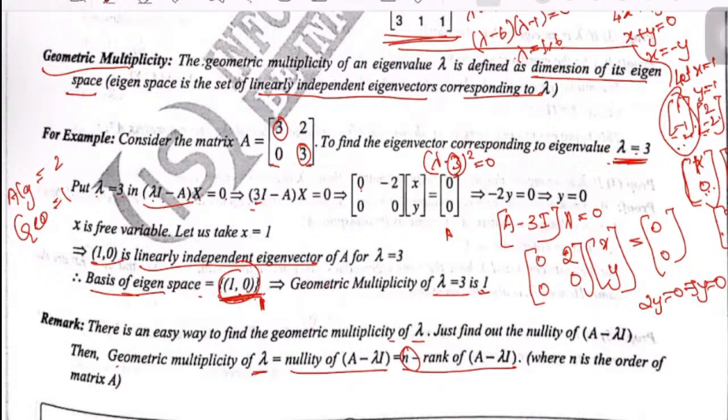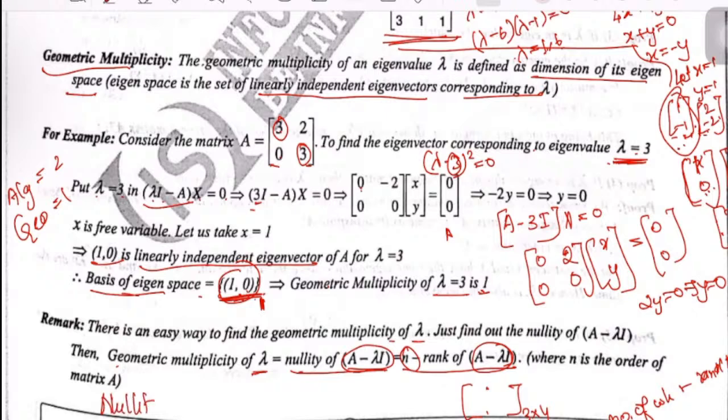Yesterday we saw the nullity of a rectangular matrix, say a 3 by 4 matrix: the nullity is the number of columns minus the rank. Here the number of columns is 4, minus the rank of the matrix, gives us the nullity. Here, since A is a square matrix, n will be the order of the matrix. So nullity is the number of columns, the order n, minus the rank. We need to find the nullity of A minus lambda I, so it is n minus rank of A minus lambda I.